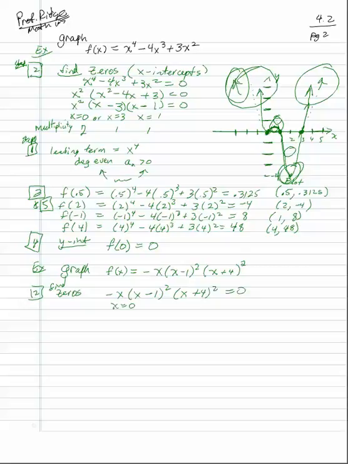So x equals 0, 1, and negative 4 with a multiplicity of 1, 2, and 2. So now that's going to split my graph up, my x-intercepts. So I have the x-intercepts at 0, which will be my y-intercept too, 1 and negative 4.